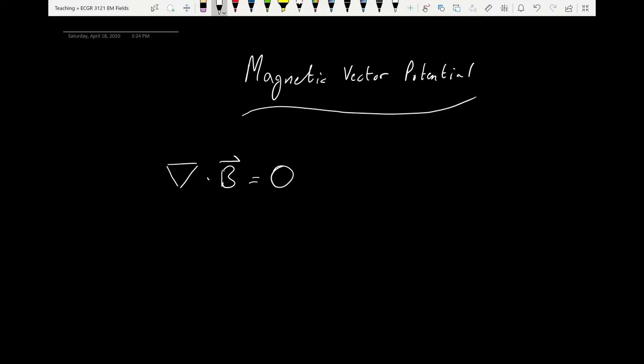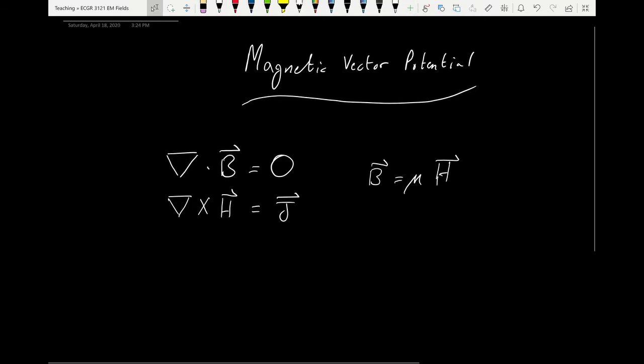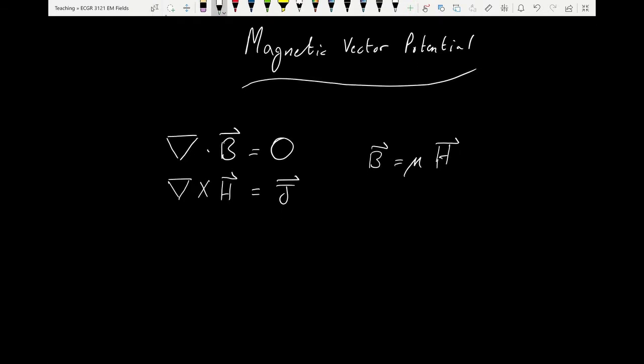The magnetic field does not have any point sources, and the curl of the magnetic field intensity is the electrical current density, right? So the magnetic field does have current sources. And the flux density is related to the field intensity by a constant mu, and mu depends on the material or the medium, right? So those are the postulates.